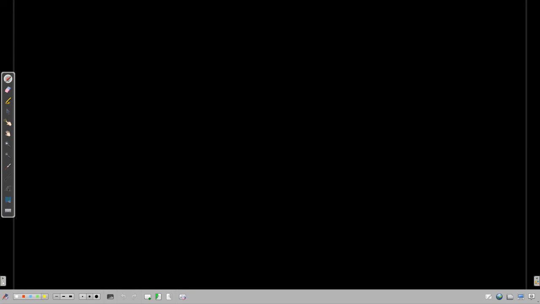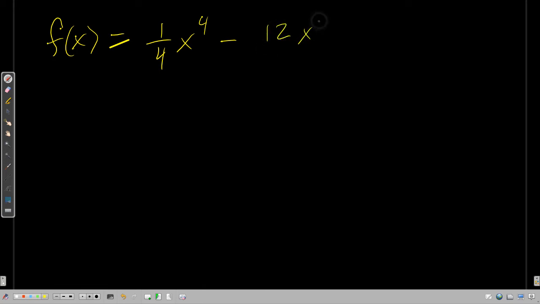Oh my goodness, I have to quickly engineer a function that can be easily differentiated and the result would be able to be factored by you. So let's try this one on.